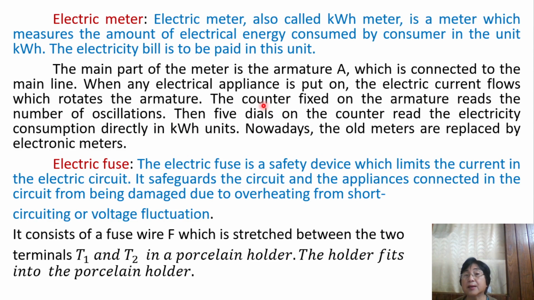Then 5 dials on the counter read the electricity consumption directly in kilowatt hour units. So we have 5 dials in the counter, all right, and these will read the electricity consumption in kilowatt hour units, okay?